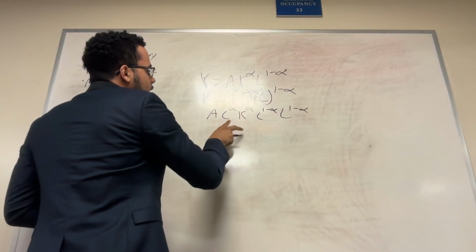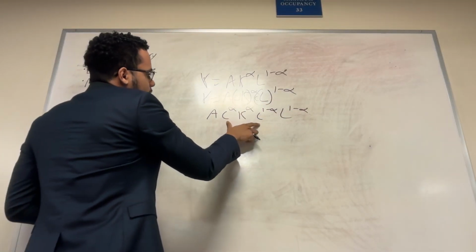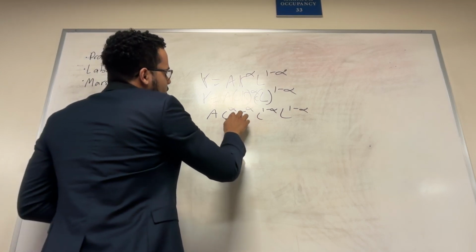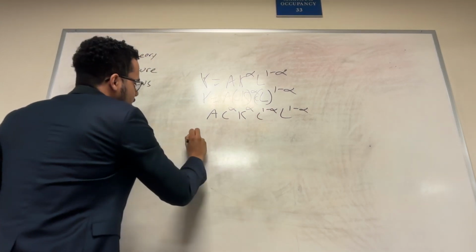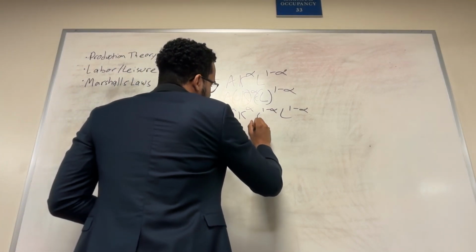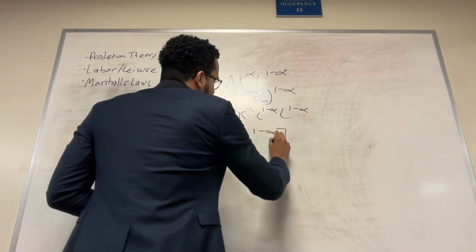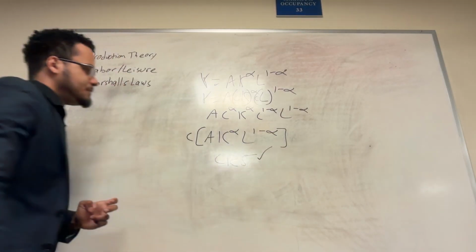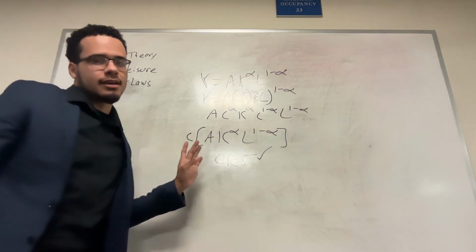And then over here, if we look at the C scale, we add the exponents, alpha plus 1 minus alpha, and we just get C times the production function itself. So we get A K to the alpha, L to the 1 minus alpha, right? So this is clearly constant returns to scale.